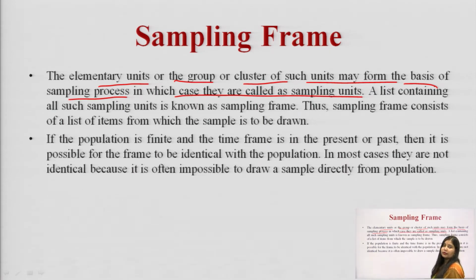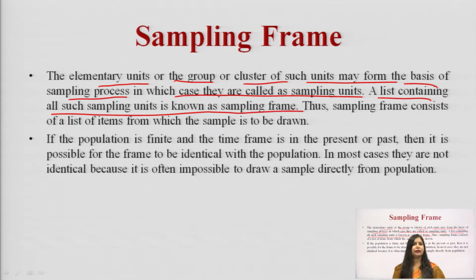These are basically elementary units; it may be a group or cluster. Depending on the type of study, we select our sampling unit. Now, the list containing all such sampling units is known as a sampling frame.